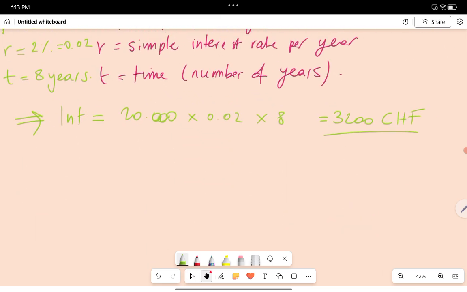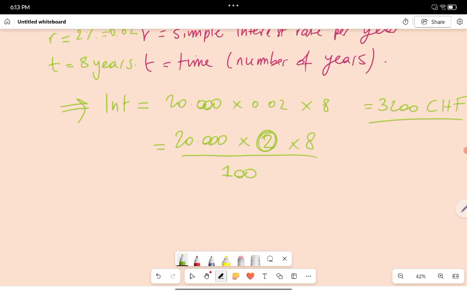You may also have seen another formula, which is 20,000, but then we write simply 2, not 2%, not 0.02, times 8, but then we have to divide by 100. A 2% simple interest rate a year is 0.02, which is equivalent to 2 divided by 100.